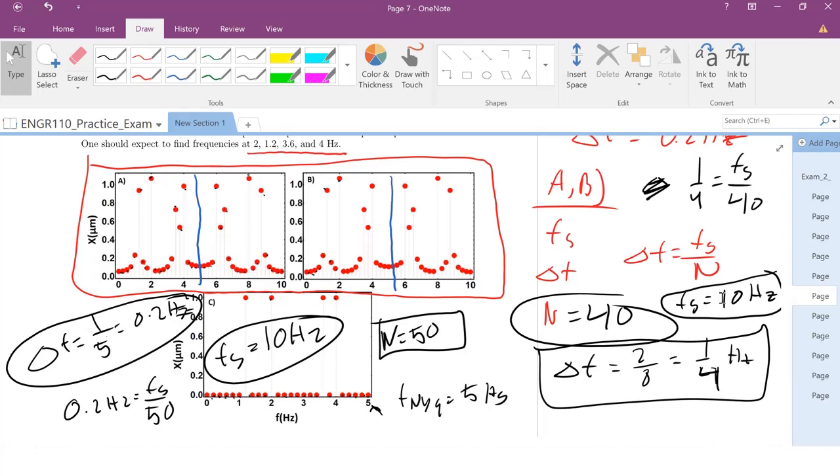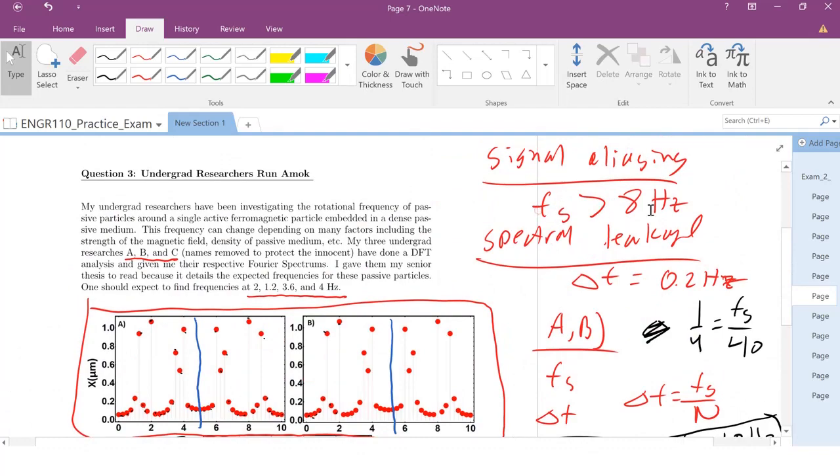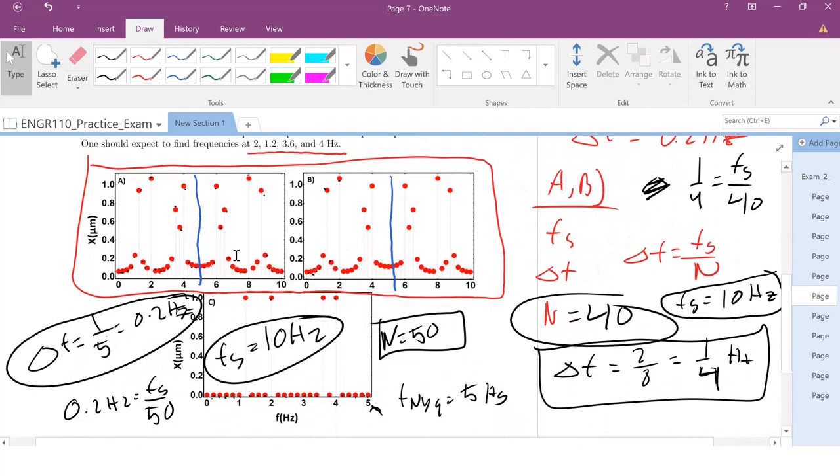What about for C? It's also 10 hertz. Is our sampling frequency greater than twice our maximum frequency in this signal? Our maximum frequency is 4 hertz, as we just scrolled past. We need to make sure our Fs is greater than 8 hertz. So we're fine for signal aliasing.